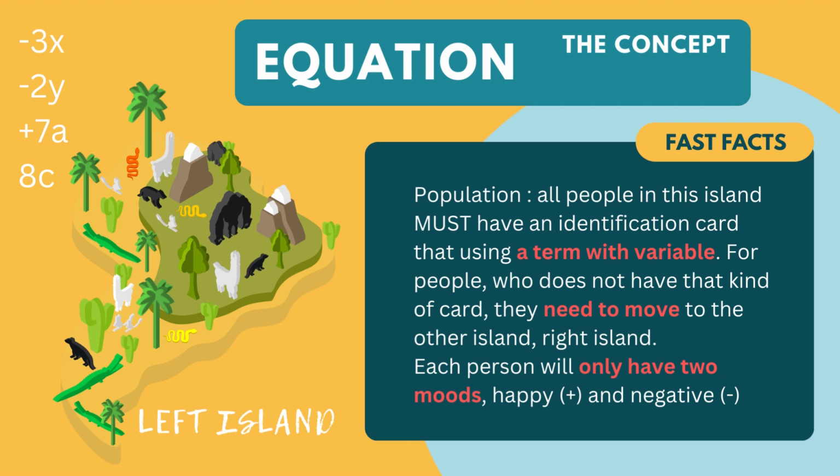Negative 2y means the mood is negative, sad, right? Plus 7a means the mood is positive. 8c, well, if there is no symbol before it, then the default is happy, right? We need to make our default feeling happy always.